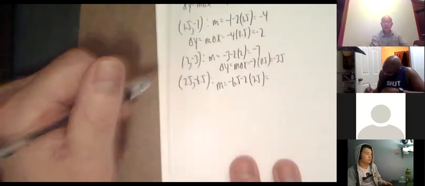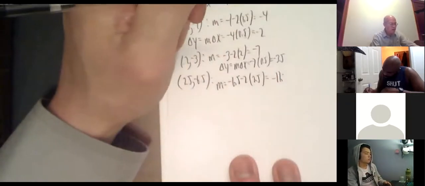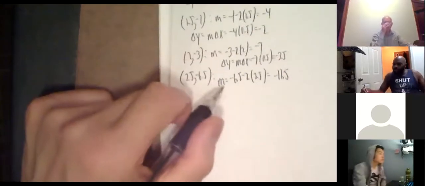Okay, one more time. So the slope is y minus 2x. So y minus 2 times 2.5, and that's -11.5, I think. -6.5 minus 5, yeah.